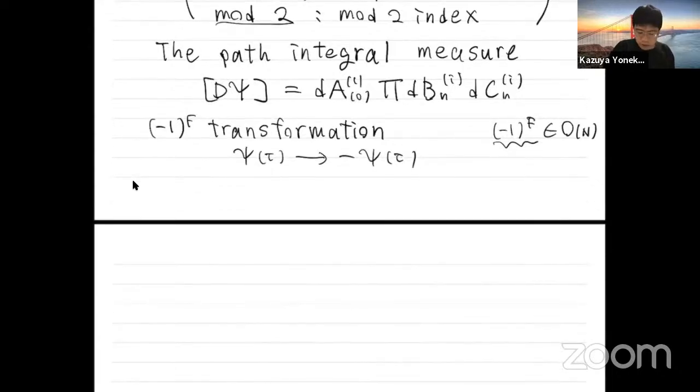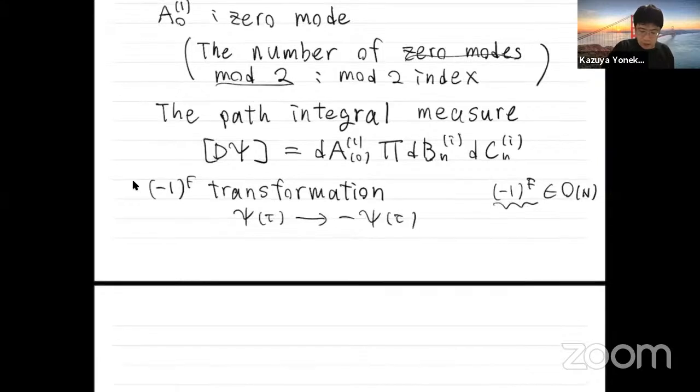Okay, so let's consider this fermion parity. Then the path integral measure changes sign under this transformation. The path integral measure goes to minus the path integral measure under this fermion parity transformation.